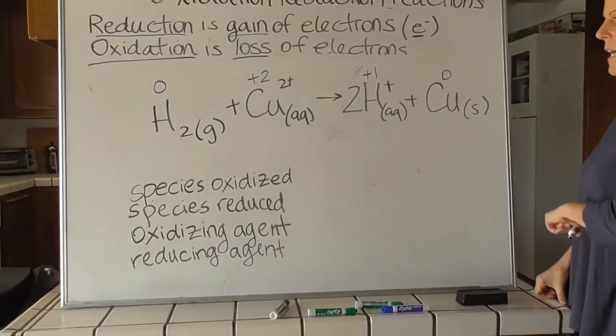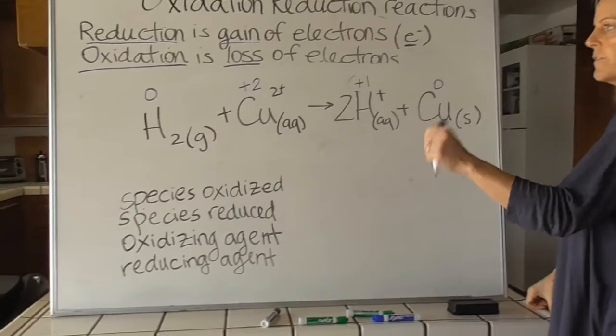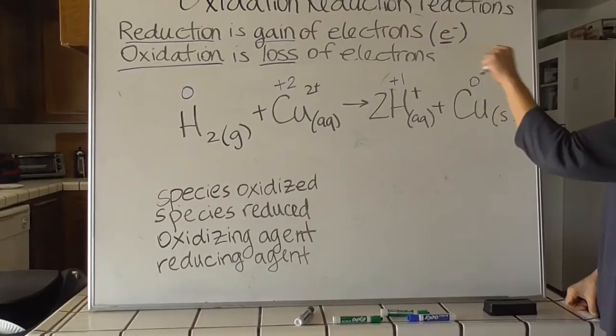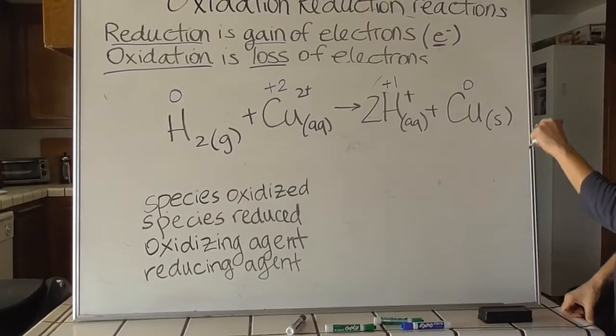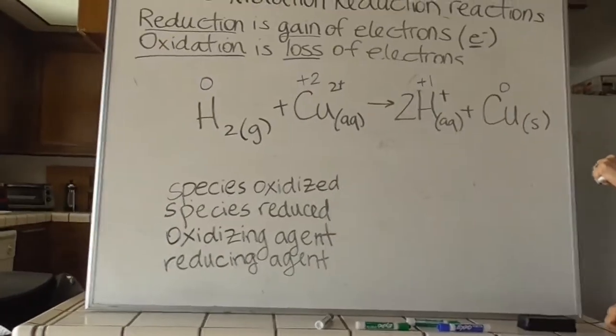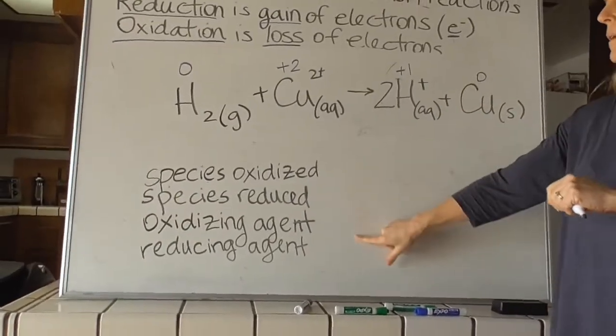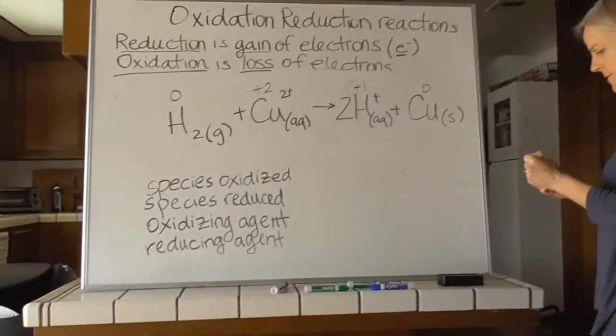So pause again, and I want you to do what we did last time, which is figure out what the oxidation and reduction processes are, and then we'll talk about what's oxidized and reduced.